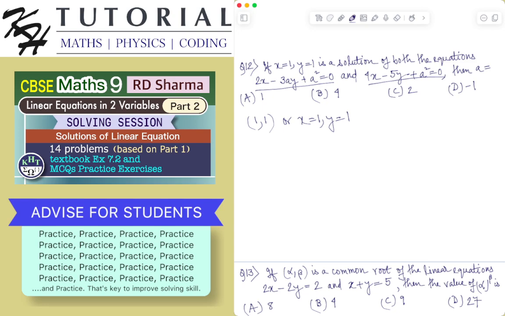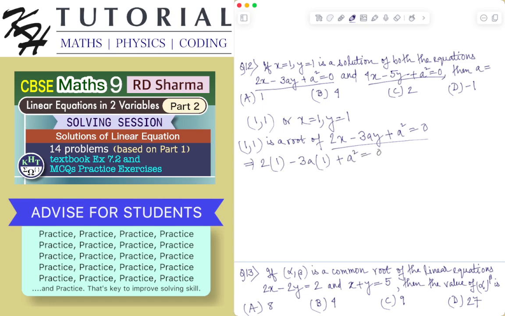Okay. Now that we know that 1 1 is a root of 2x minus 3ay plus a square equals 0, this means that the ordered pair 1 comma 1 must satisfy this equation. So we must have 2 times 1 minus 3a times 1 plus a square equals 0.